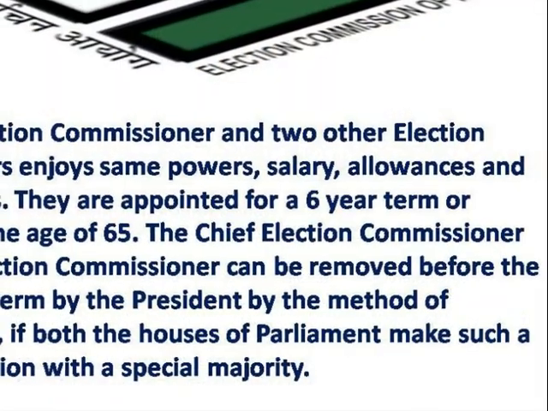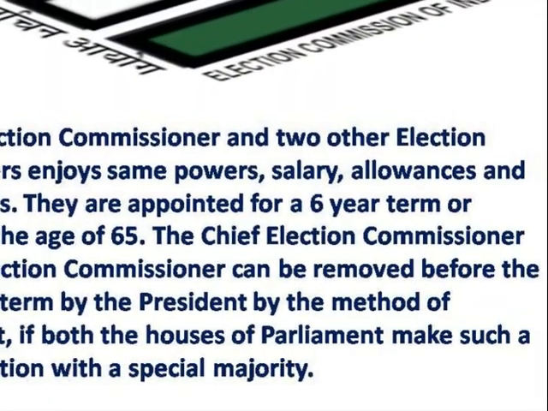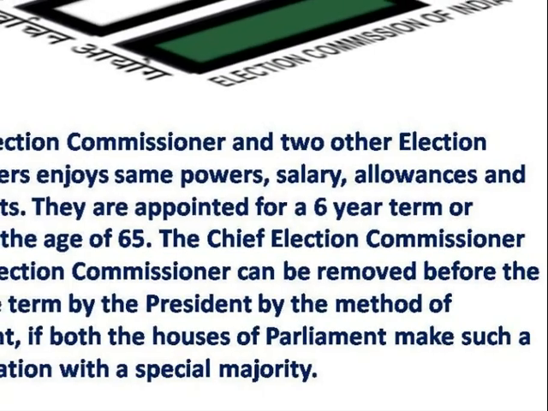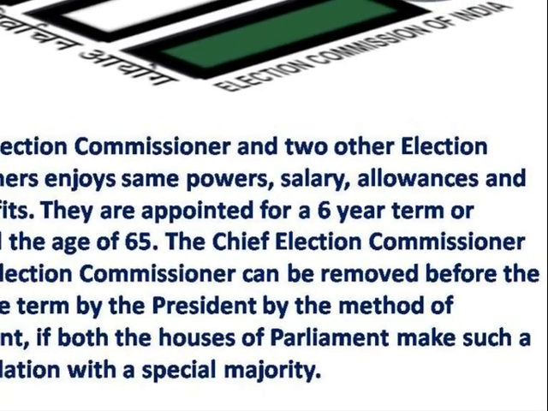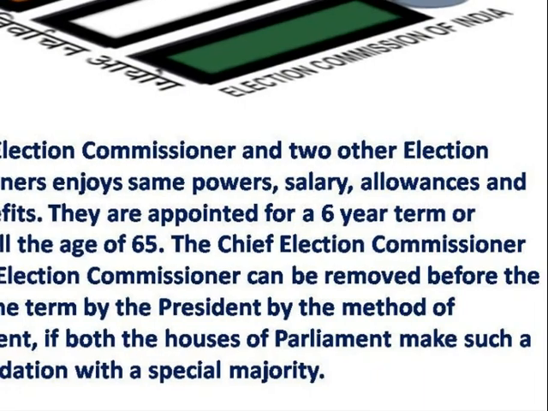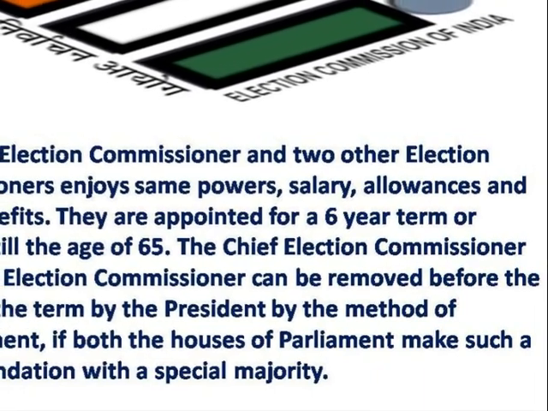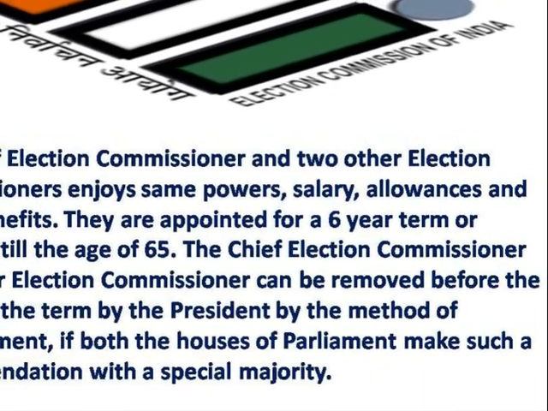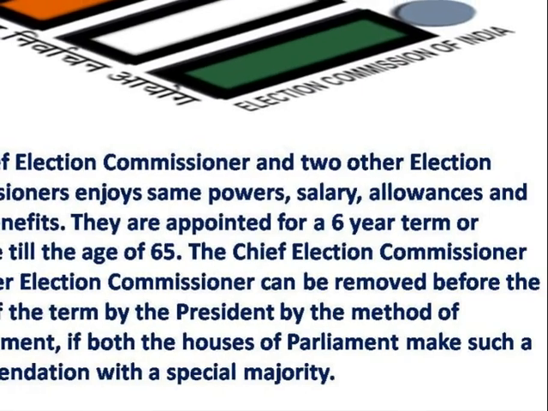The Chief Election Commissioner and the two other election commissioners enjoy the same powers, salary, allowances and other benefits. They are appointed for a 6-year term or continue till the age of 65.